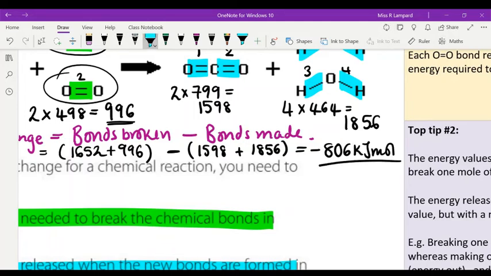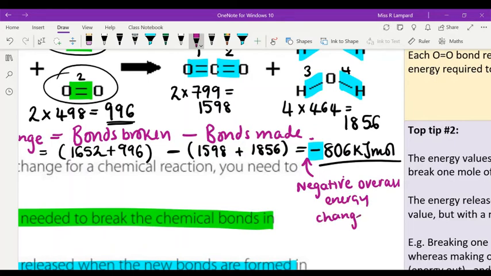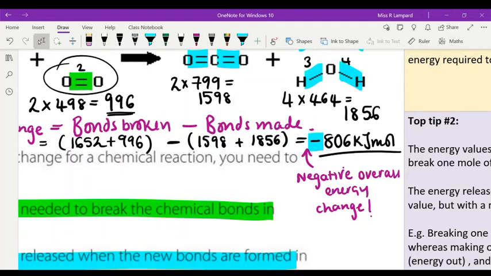Now that minus sign you should be able to identify, that means there is a negative overall energy change. Okay, so therefore this is an example of an exothermic reaction.